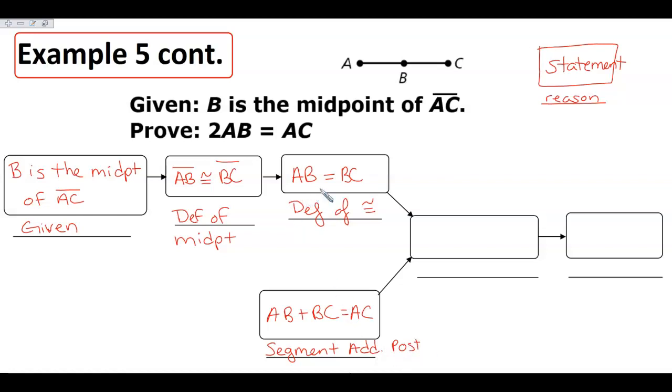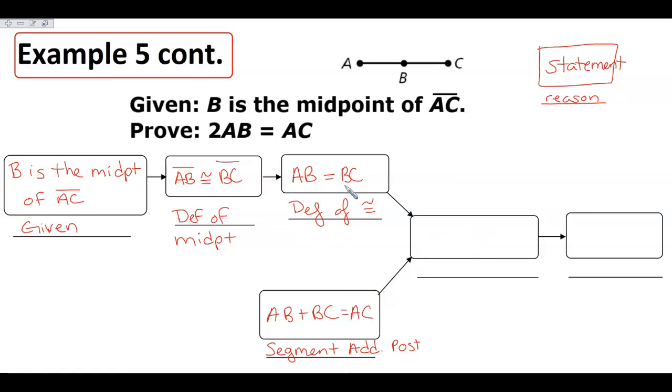Now, I am taking this AB and I'm substituting it into this BC. So because I'm using something from here and something from here, that's why I have arrows coming from both of those to get to this box.